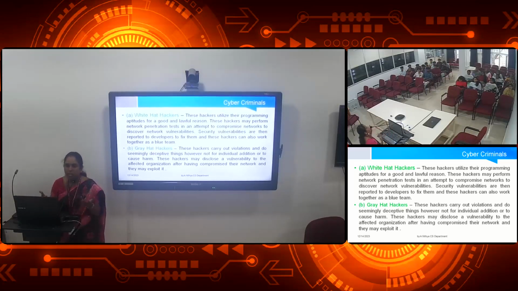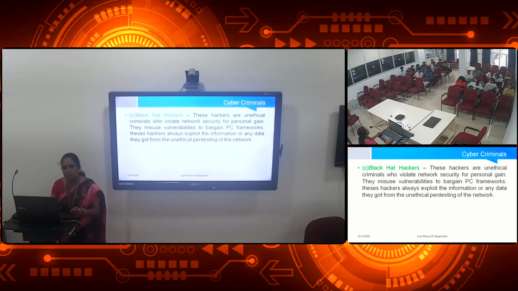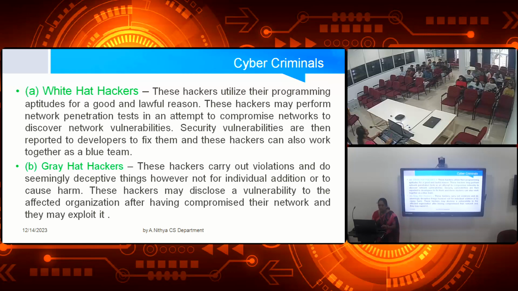If they are doing hacking for good purposes, then that is said to be white hat hackers. Then the second one, black. Black represents illegal. If they are doing it for unwanted things or for some personal gain, then that is said to be black hat hackers.